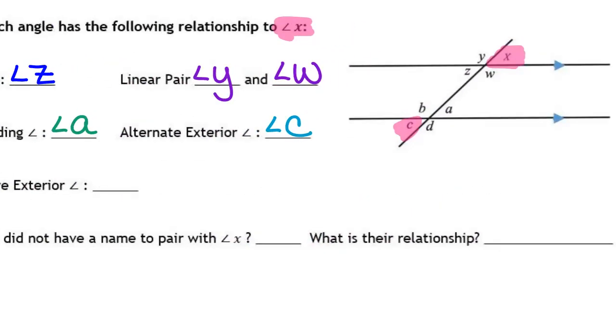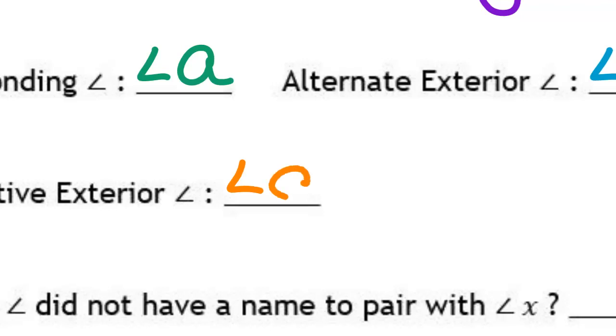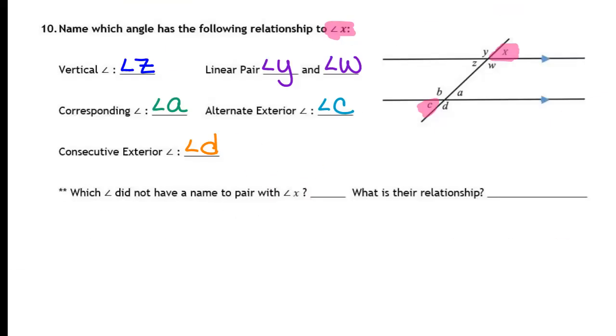What would be the consecutive exterior angle? If C is the alternate exterior, what would be the consecutive exterior? D. Angle D.